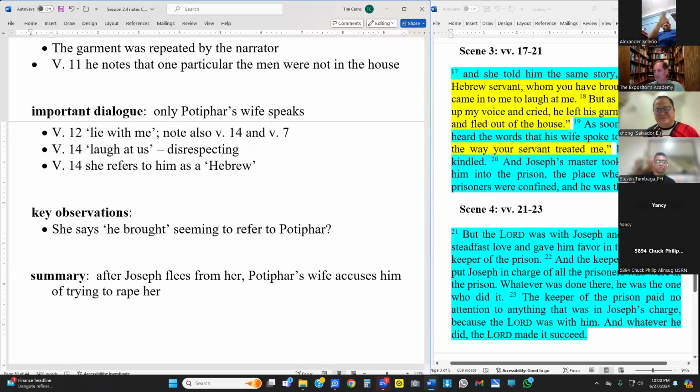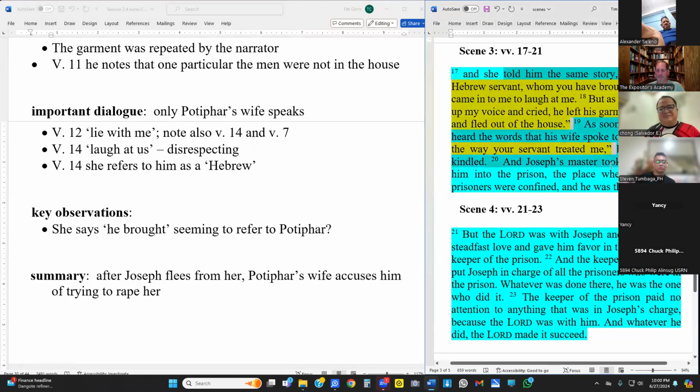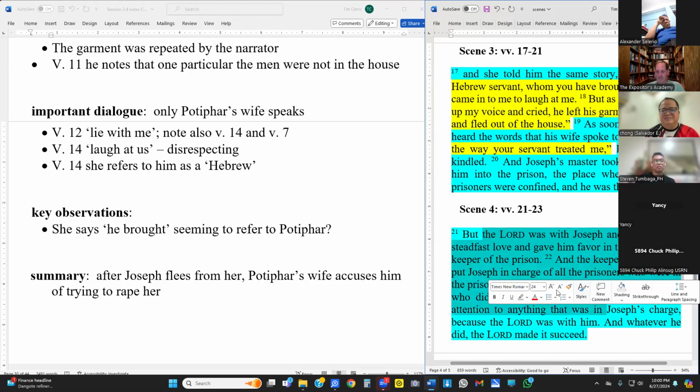Scene 3 really was Potiphar believes his wife's story and puts Joseph in prison. And then the last scene would be similar to the first one, where Yahweh was with Joseph and giving him favor in the sight of the jailer, and he was put in charge.